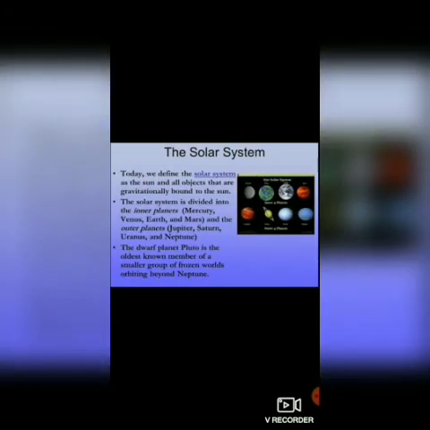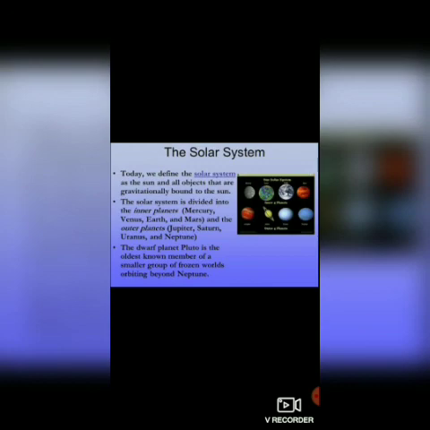In this chapter, we came across information regarding the solar system, the Sun and the 8 planets. Today we define the solar system as the Sun and all objects that are gravitationally bound to the Sun. It is a group of planets and other bodies that revolve around the Sun.